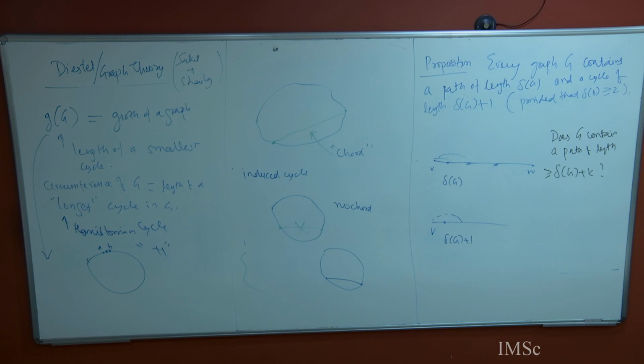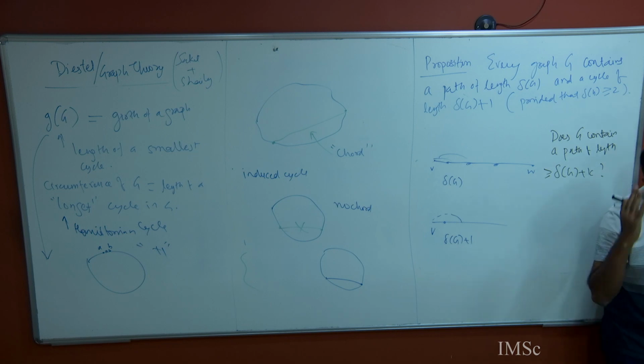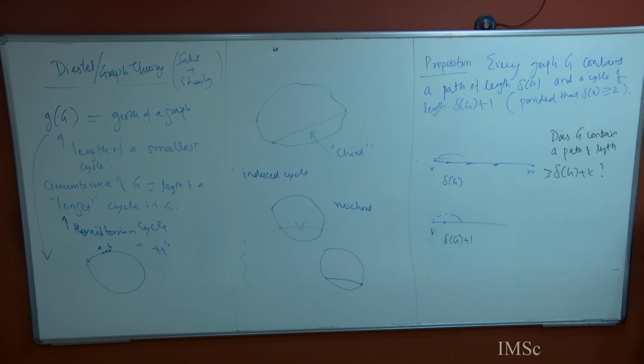But then I will ask, can you come up with a necessary condition, or sufficient, I'm always confused between necessary and sufficient. This is a sufficient condition. If this condition is satisfied, then I do have a path of delta G plus 2, delta G plus 3. So that's your structural question.